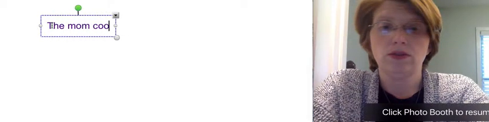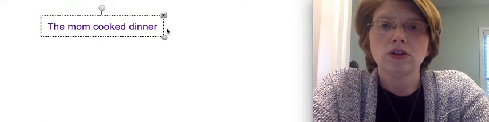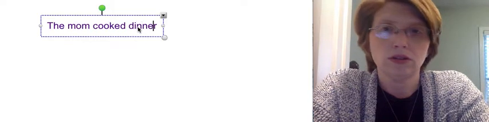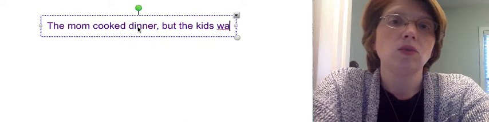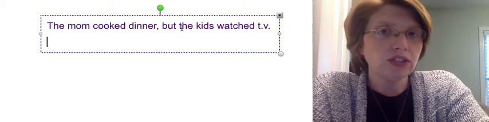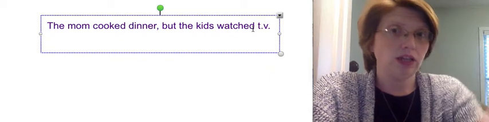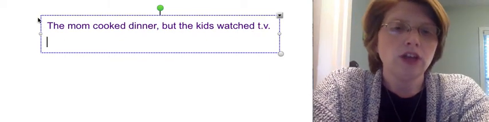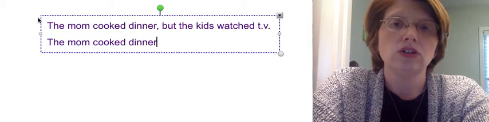So, the mom cooked dinner, comma, but the kids watched TV. Okay, so comma, but is the first one. I've got mom cooked, kids watched. I have to have 2 things going on. Okay, so another way to do it is the mom cooked dinner, semicolon.